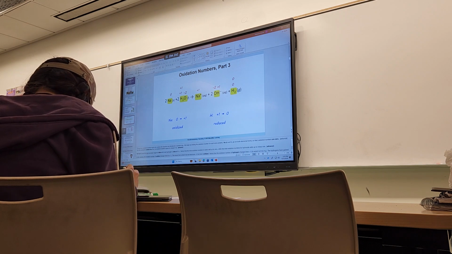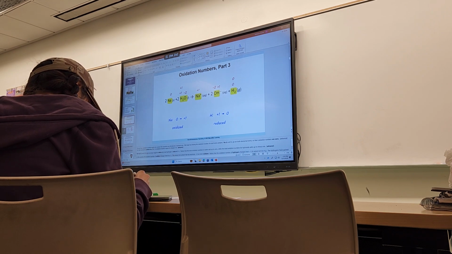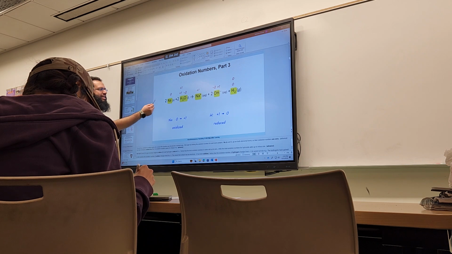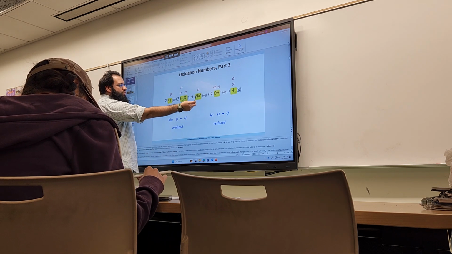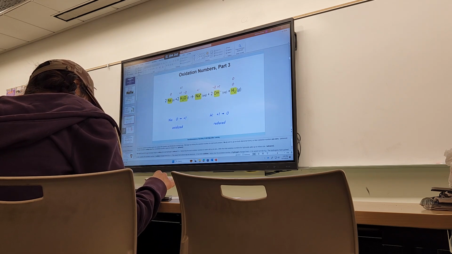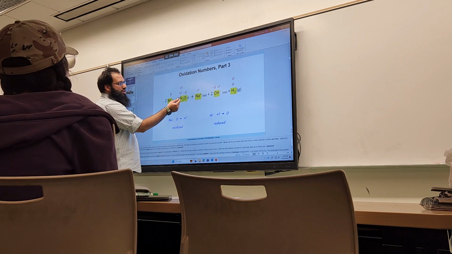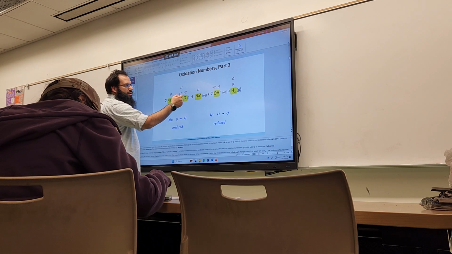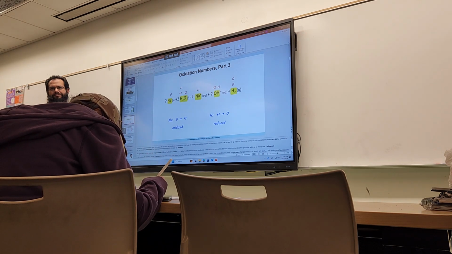Then once you know which one is changing, you can identify which one is being oxidized and which one is being reduced. If you see an increase in charge, for example, sodium went from 0 to +1, we call that oxidation. If you see a decrease in charge, in this case, the hydrogen went from +1 to 0, that is what we call a reduction.